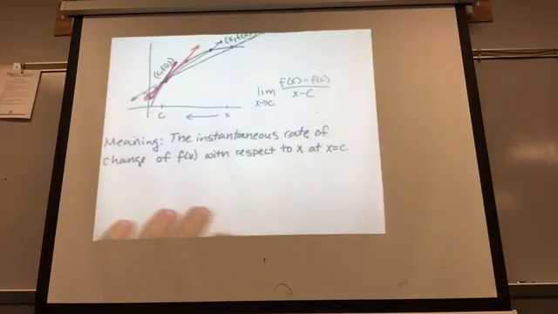So the limit as x approaches c of f of x minus f of c over x minus c is the instantaneous rate of change of f of x with respect to x at x equals c.